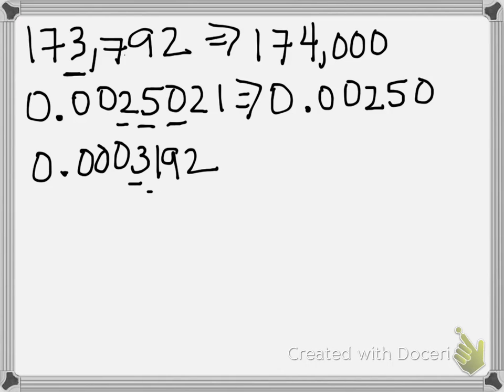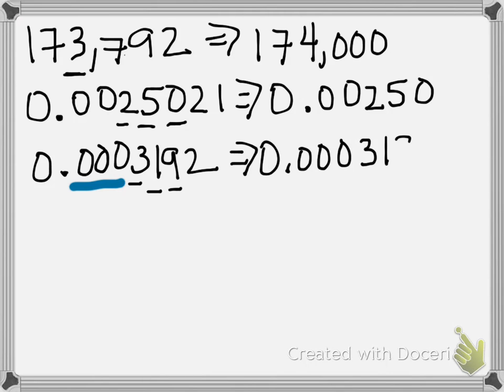Again, here's 1, here's 2, here's 3 significant digits. These aren't significant because they're just placeholders. So again, we're going to make this 0.000392.